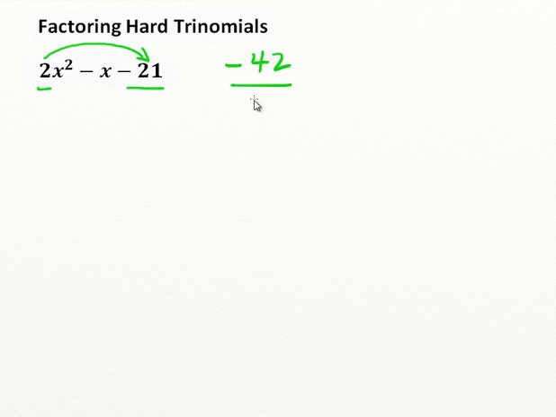Then I want to write the factors of 42. Well, we know that 1 times 42 gives you 42, 2 times 21, how about 3 times 14, and 6 and 7, and then those are all the factors.